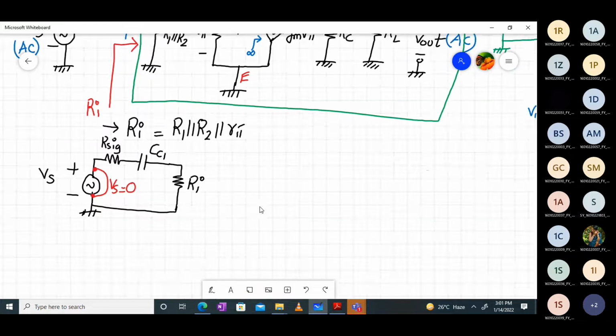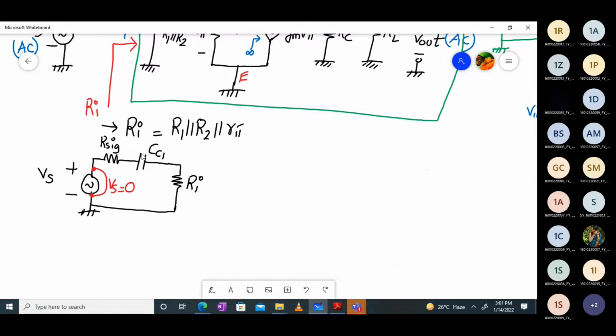Okay, so what is the situation over here? Let's say this is the left plate of the capacitor. On the left plate of the capacitor I have resistance Rsig, and on the right plate of the capacitor I have resistance Ri.